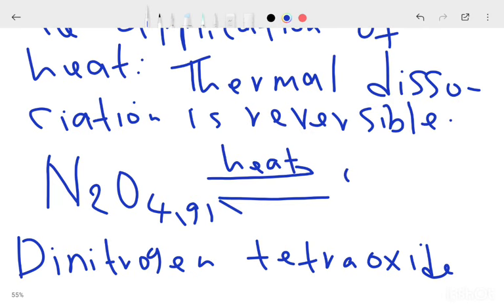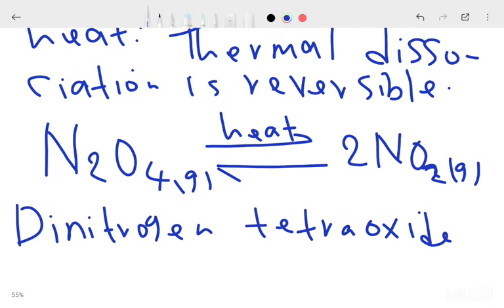Then this one, what is the name of this compound? This one is NO2, nitrogen dioxide. So take note, at 140°C, then this one is cold at 20°C. So this is the meaning of thermal dissociation.